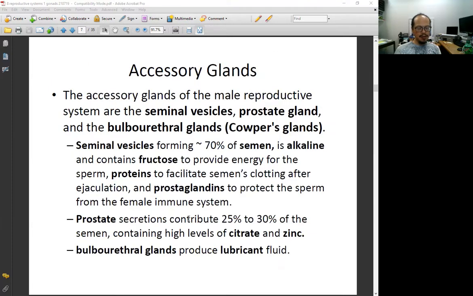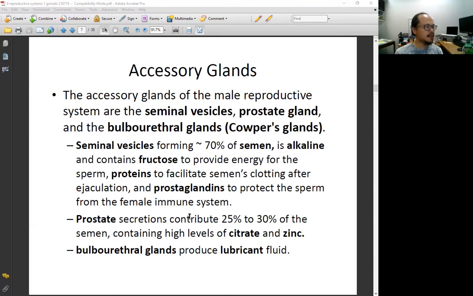So in addition to the sperm that will be produced, mixed in with this fluid, some of this fluid is coming from the glands. There are three major glands. The major one is the seminal vesicles. We have two seminal vesicles. They provide about 70% of the semen.